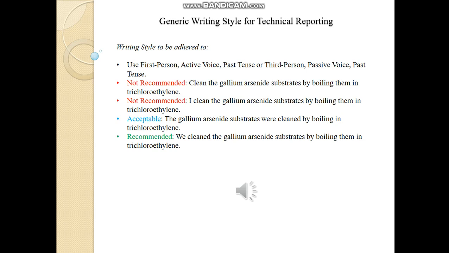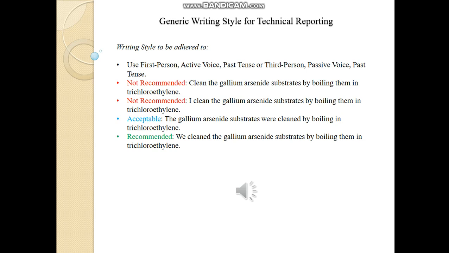So it creates an environment in your text in which you as the writer of the report and another person as a reader of the report come close together, and they read the report in a very friendly manner.